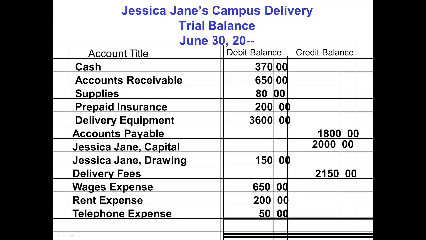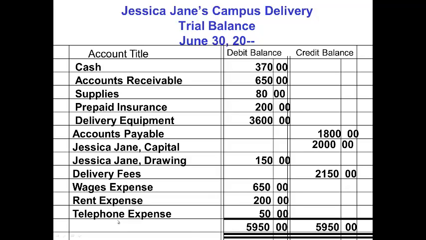Accounts payable, capital, and the revenue delivery fees are all on the credit side. Remember, these are your three accounts that are increased with credits. So once we total the debits and credits, we see that they equal, so we know that our accounting equation is in balance.